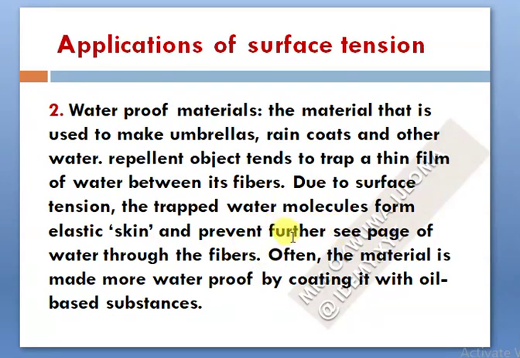So we say that due to surface tension, the trapped water molecules form elastic skin and prevent further seepage of water through the fibers. Often, the material is made more waterproof by coating it with oil-based substances.